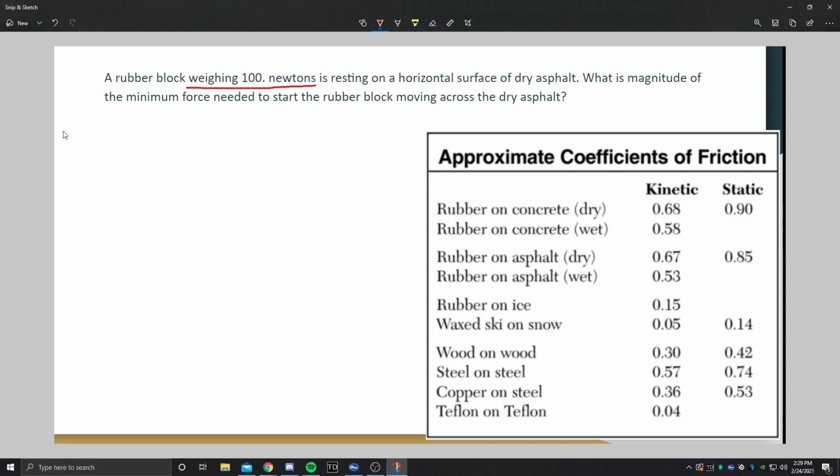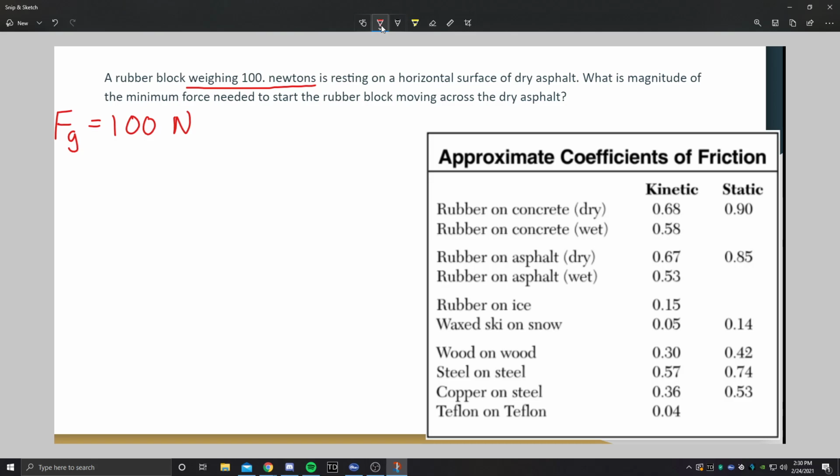So this block weighs 100 newtons. And we know that weight, newtons, measures a force. And we know that weight is actually your force due to gravity. Weight and force due to gravity are the same exact thing. So your force due to gravity is 100 newtons, right?